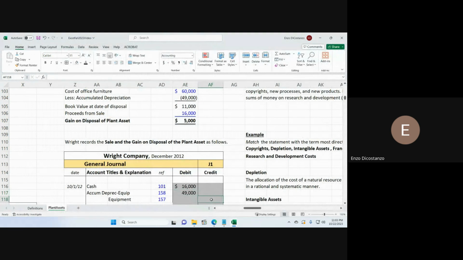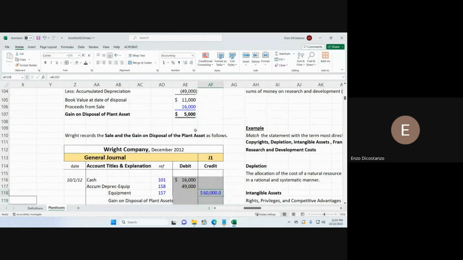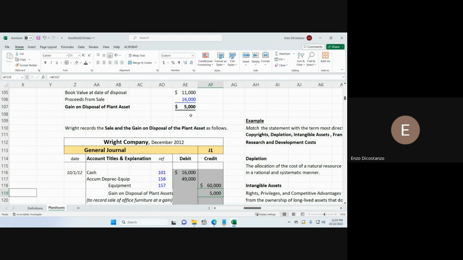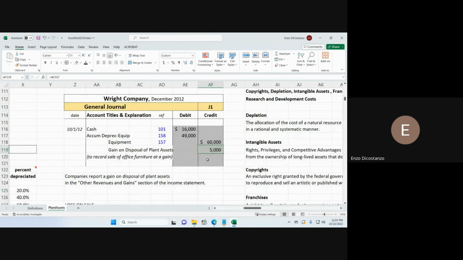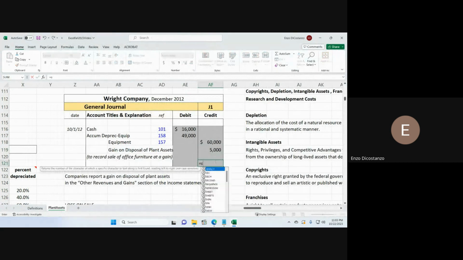And this is 60,000. There. And the gain is 5. And we did a little check down here. Right, you said equals sum.